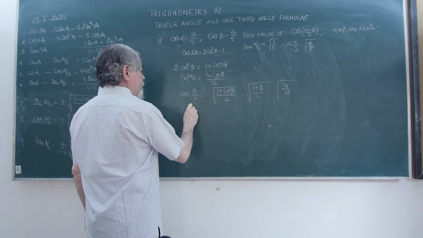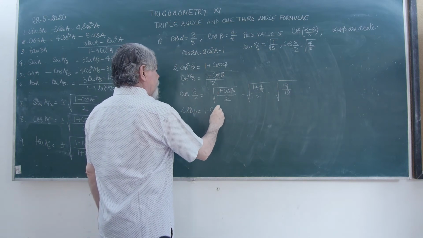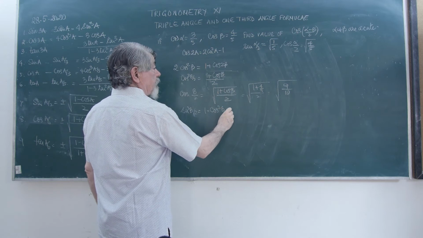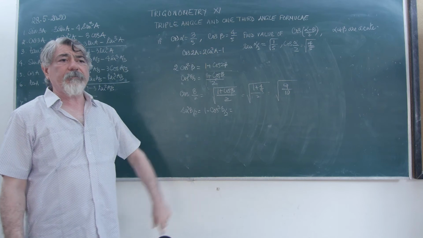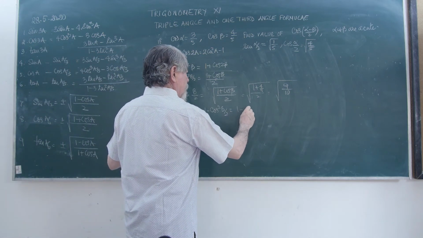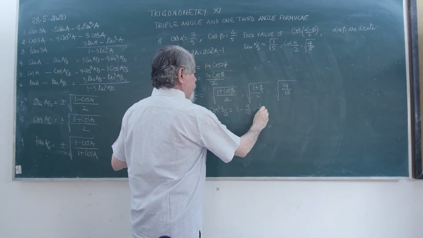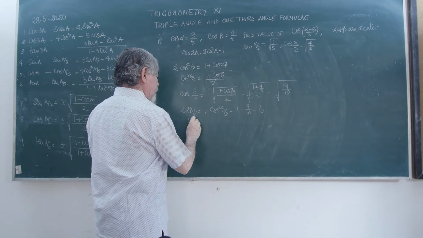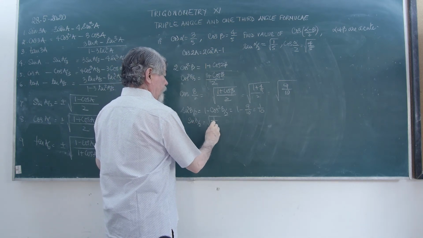Sine square beta by 2 will be 1 minus cos square beta by 2. Simple formula, sine square theta is 1 minus cos square theta. So it will be 1 minus 9 upon 10, or 1 upon 10. So sine beta by 2 will be under root 1 upon 10.